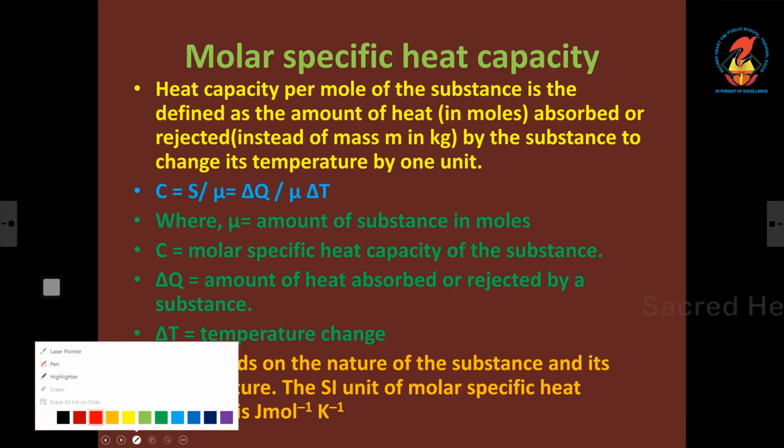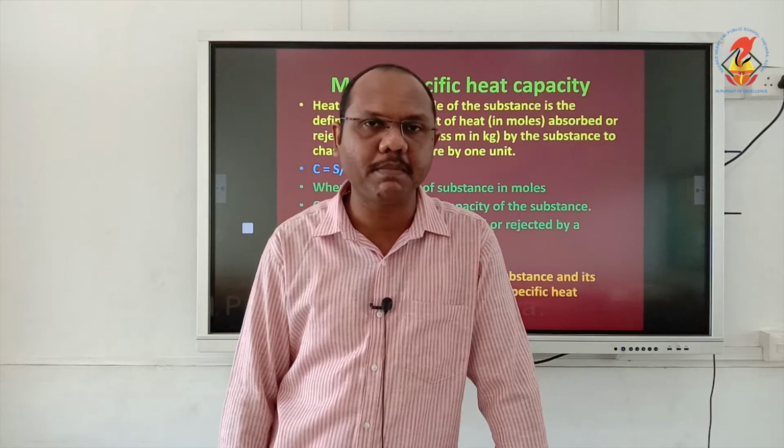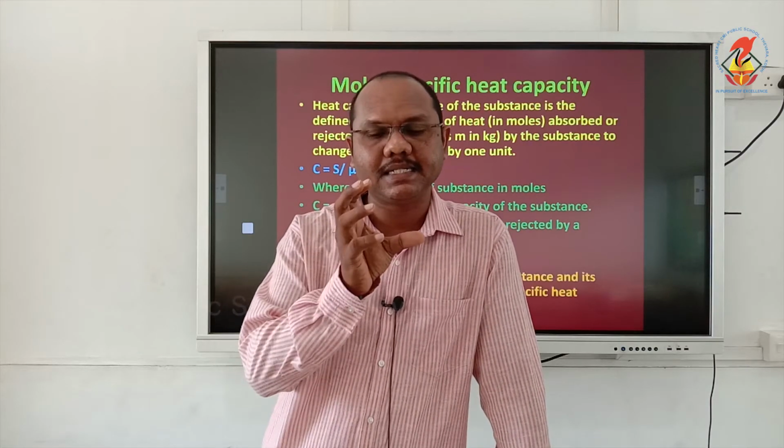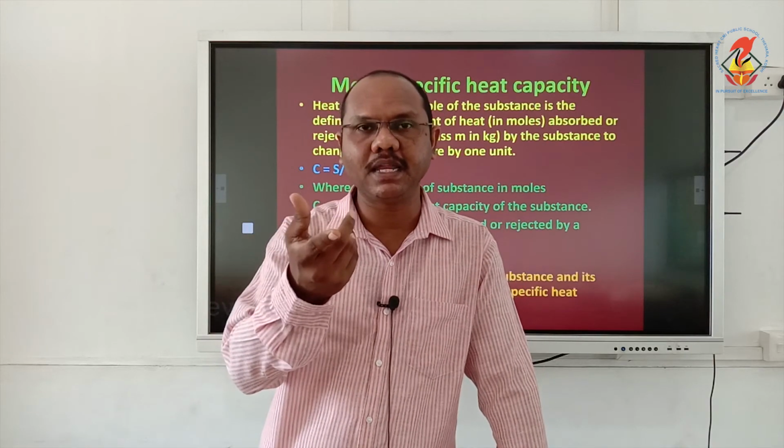Now, what is molar specific heat? Molar specific heat means it is the heat capacity per mole of a substance. Heat capacity per mole. So, in specific heat capacity, I told you, heat required to raise 1 kilogram of a substance by 1 degree.